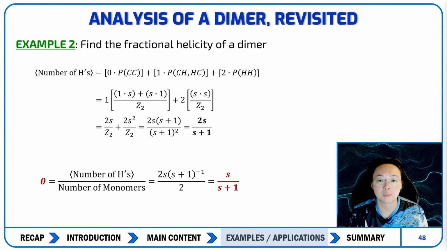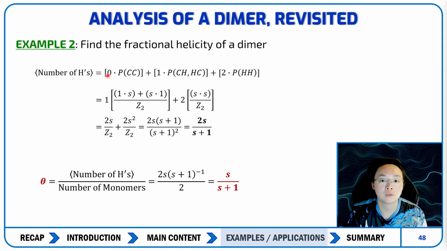So second example, we're looking at the same thing in a different way. We want to find the fractional helicity of a dimer. So we have to first calculate the number of H's we have. We know there are 0 H's for the CC case. We know there is going to be 1 H for the 1H cases, and we know there's going to be 2 H's in the HH case.